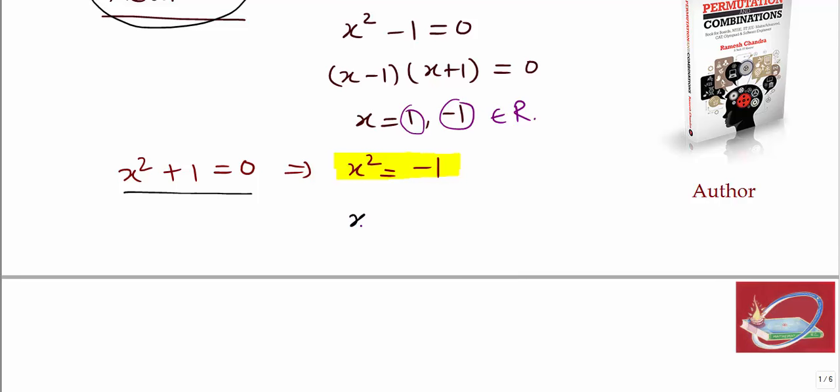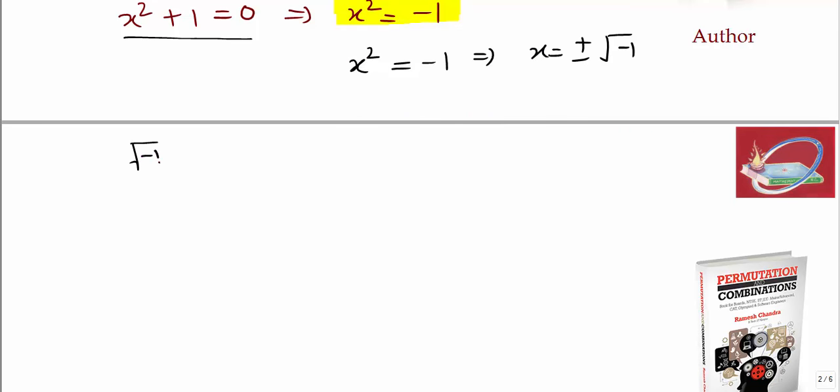We define x square is equal to minus 1 as x equal to plus minus under root minus 1. Under root of minus 1 is equal to iota. We call this iota, I-O-T-A, and this is an imaginary number.